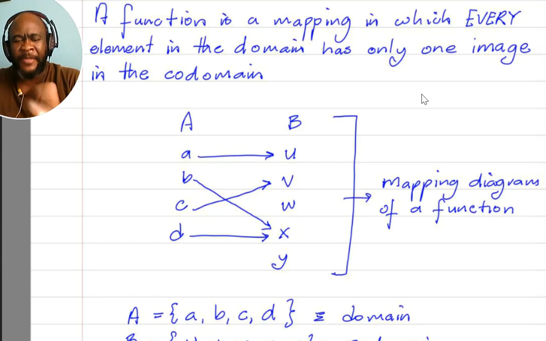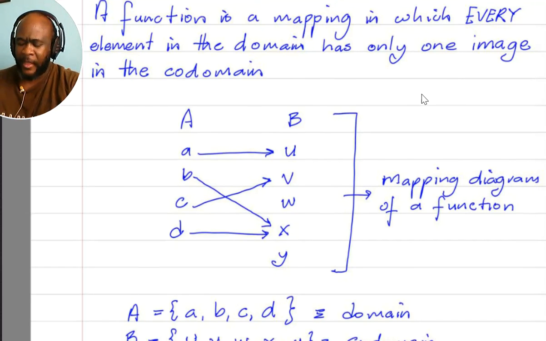So this is a mapping diagram of a function. Every element in the domain is mapped onto only one element in the codomain. a is mapped to u, b is mapped to x, c is mapped to v, d is mapped to x. Every single one is mapped onto only one in the codomain.